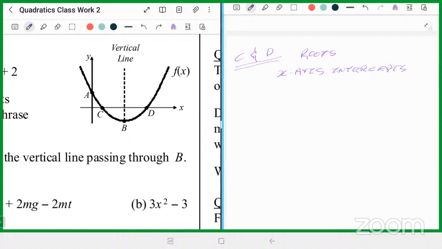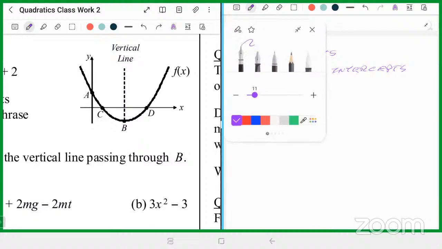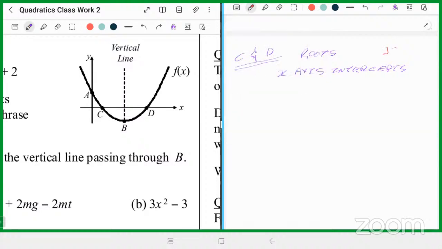What do we know about those 2 points? At those 2 points, the y value is always equal to 0, because they are points on the x-axis. All points on the x-axis, the y value will be equal to 0. In fact, the equation of the x-axis is y equals 0. All right, so we know that. To find those 2 points, we must solve the equation.